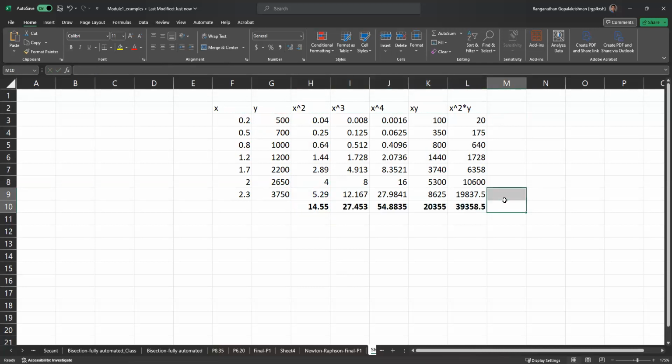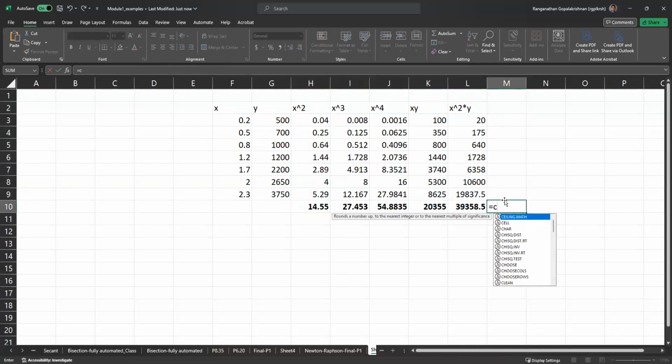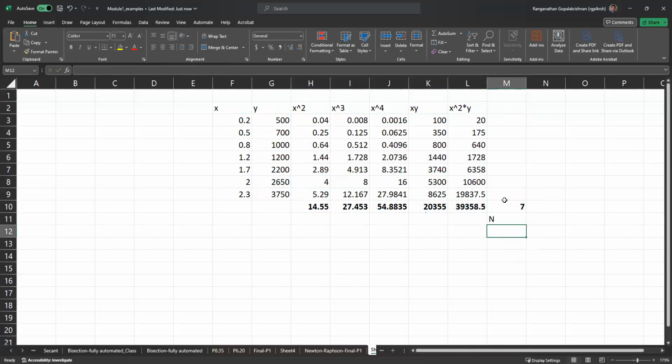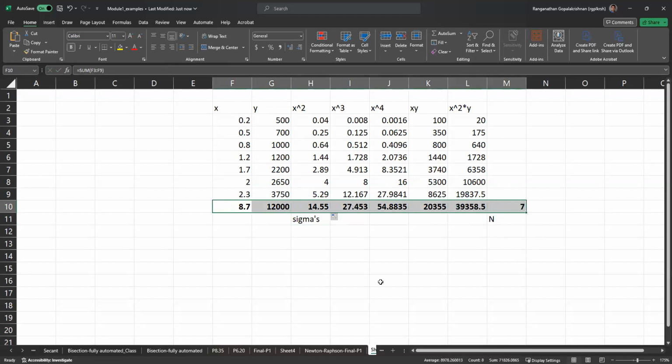I'll also write count, how many rows are here. That is my n, and these are all the sigmas. That is 4 plus 3, 7 plus 1, 8 numbers that I previously identified. Now I'm going to take all those and put them in my PowerPoint file. You can also do the same.